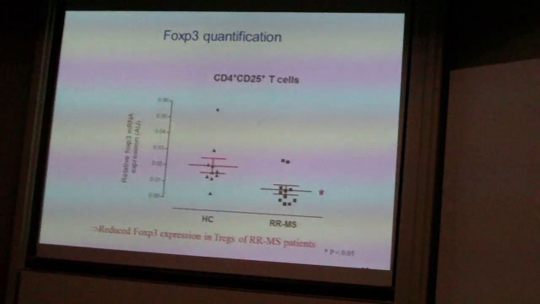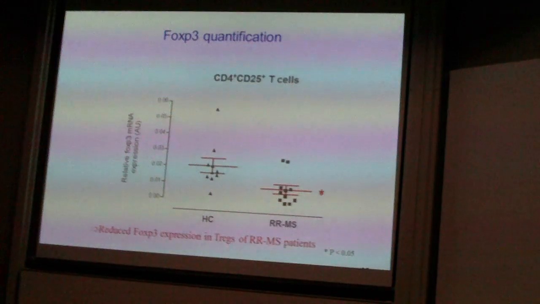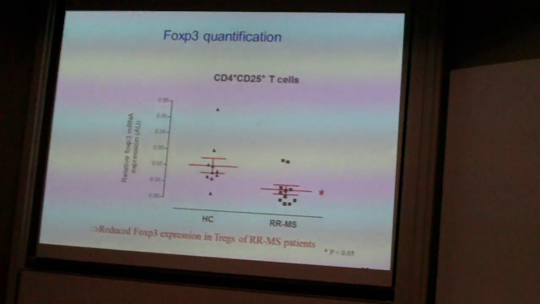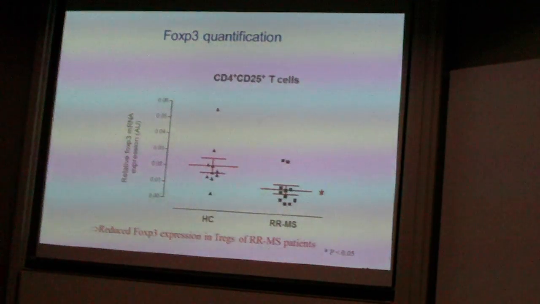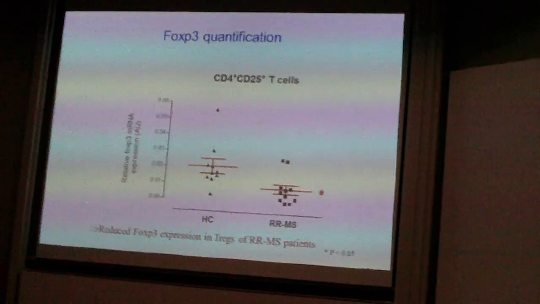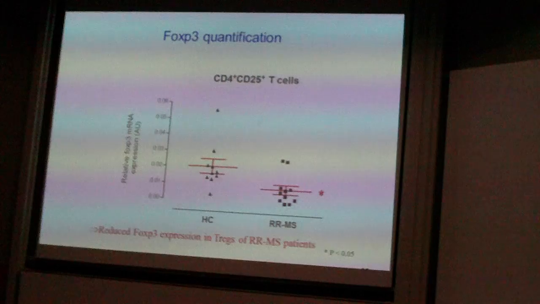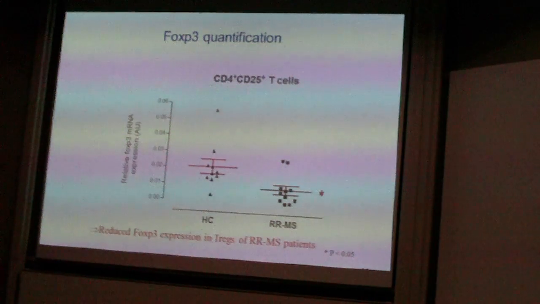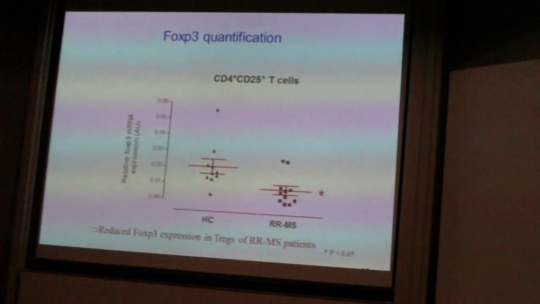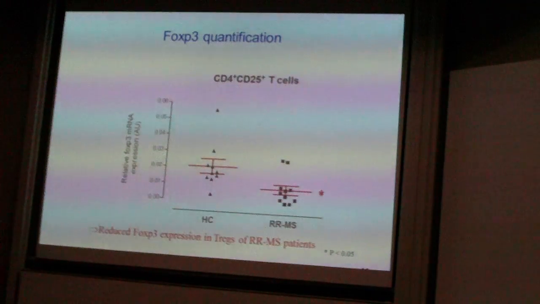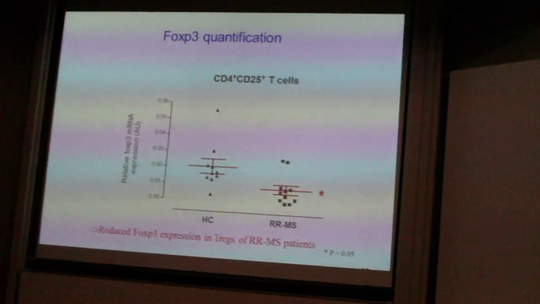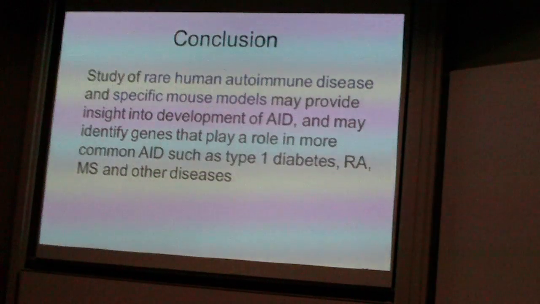And we could also demonstrate that T cells from MS patients have a reduced expression of FOXP3. So FOXP3, again an important marker for regulatory T cells, if it's not working as it should, may lead to a situation where autoimmune pathology can appear. So this is also a gene coming out of these rare diseases that plays a role in the more common diseases.